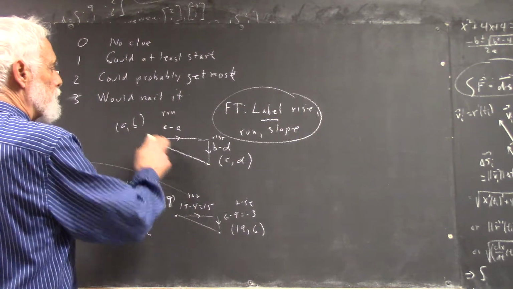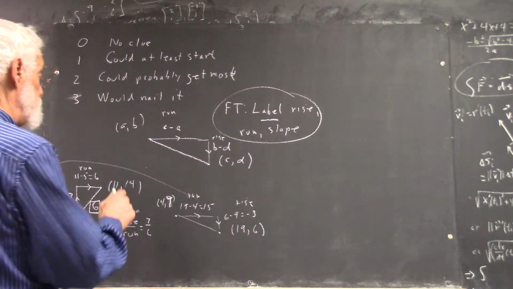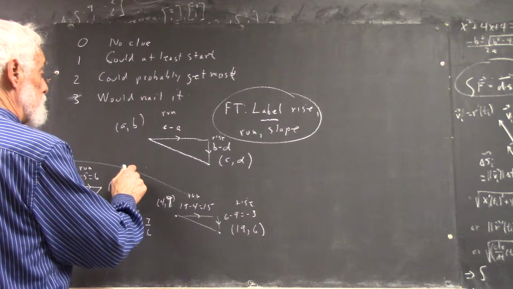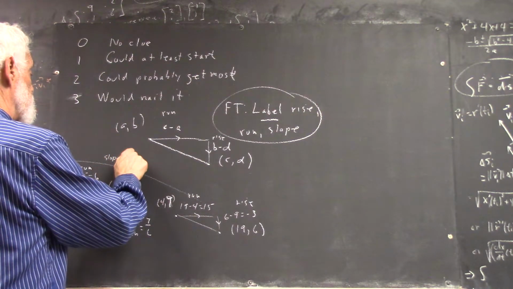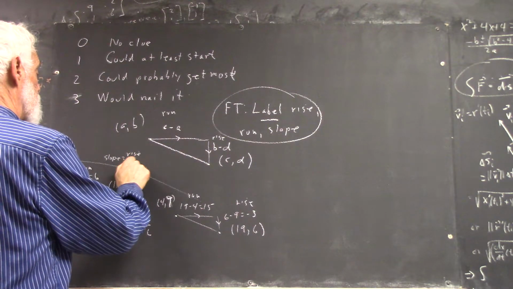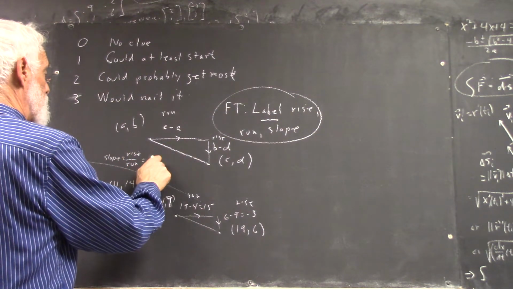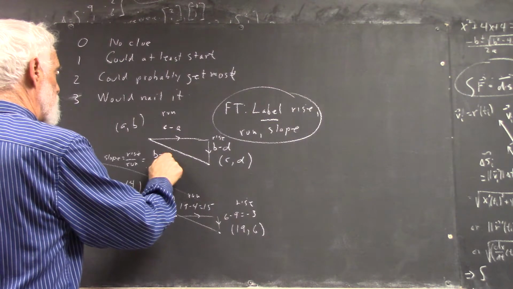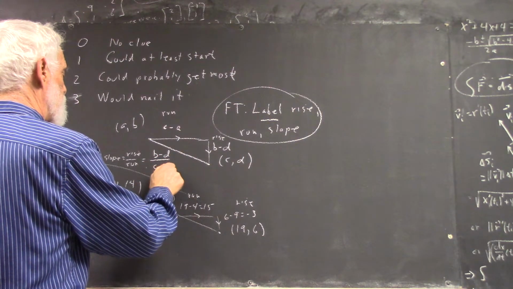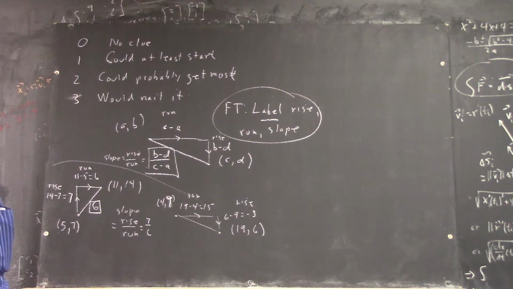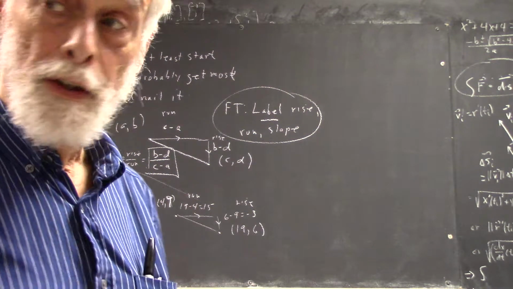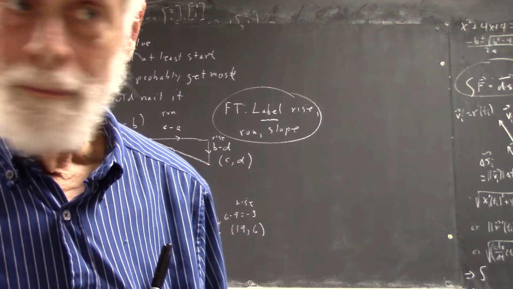Okay, well, what's the slope here? Rise divided by run. There's your expression for the rise. There's your expression for the run.